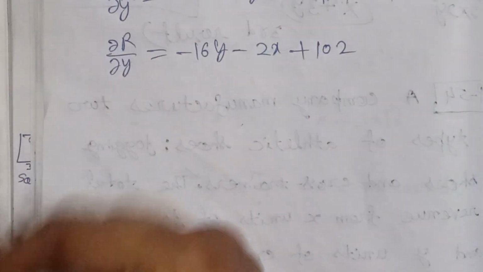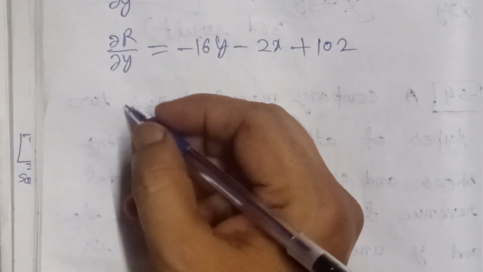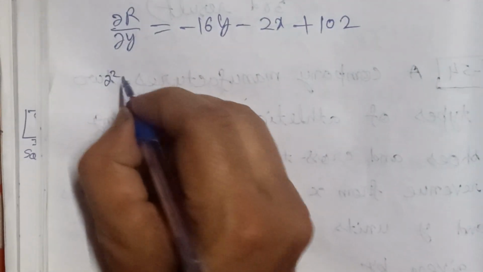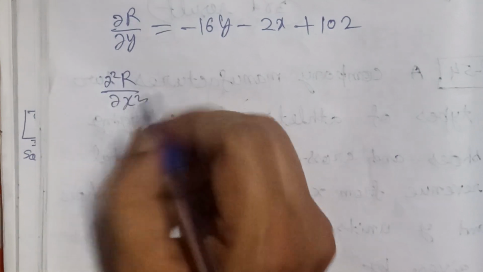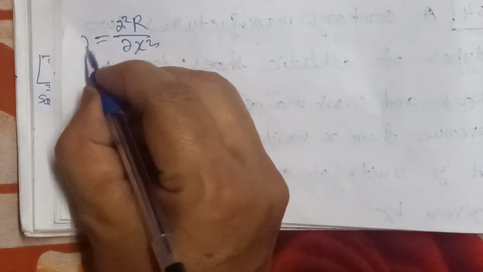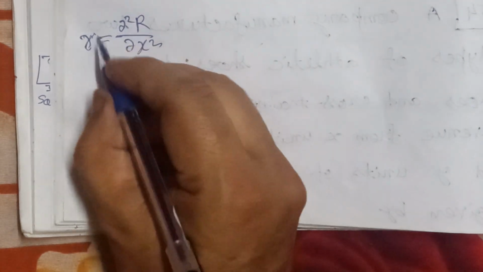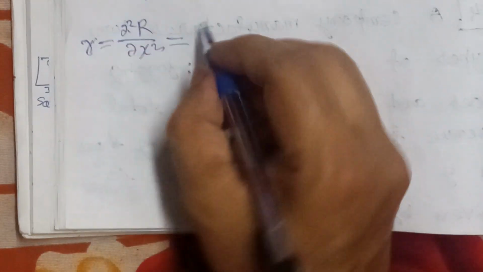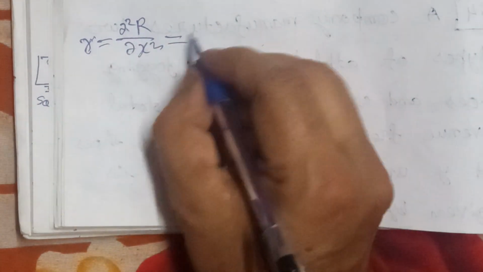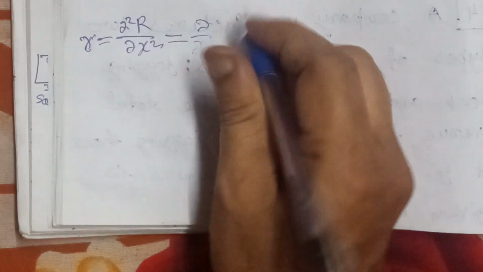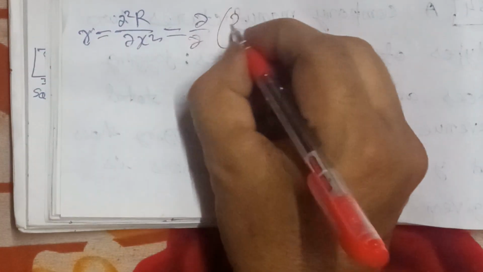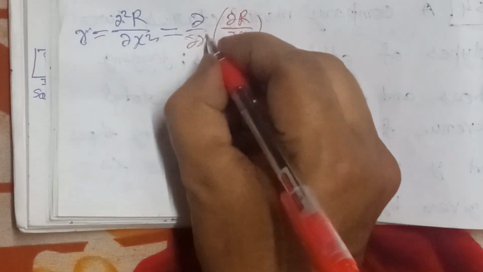Now for maxima and minima, we also have to find the value of del 2R over del x square. For convenience, we write this value as small r, the general notation for the second derivative with respect to x. This can be found as the differentiation of del R over del x with respect to x.